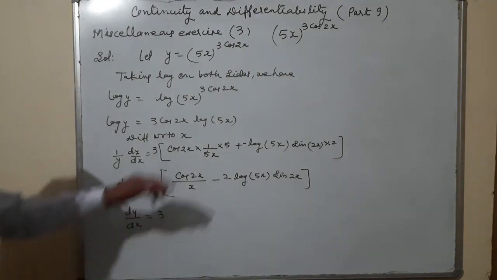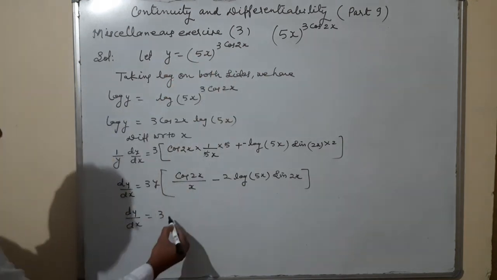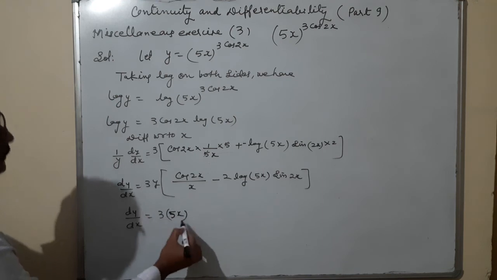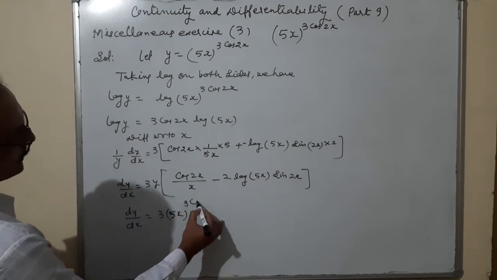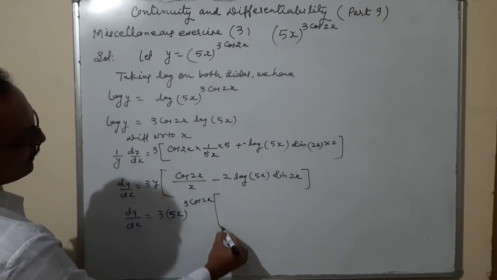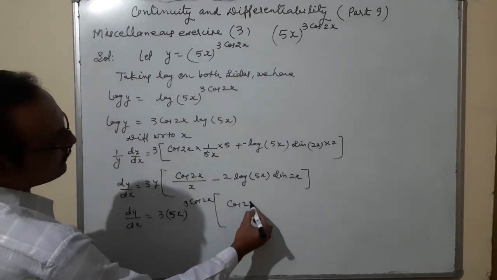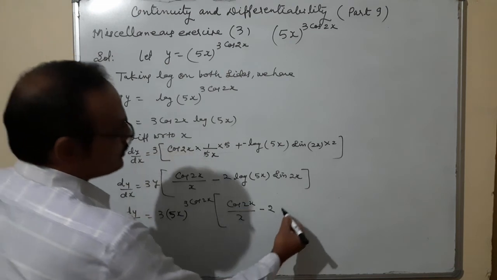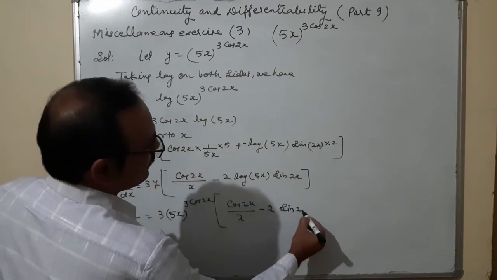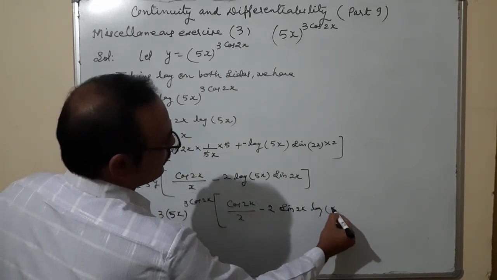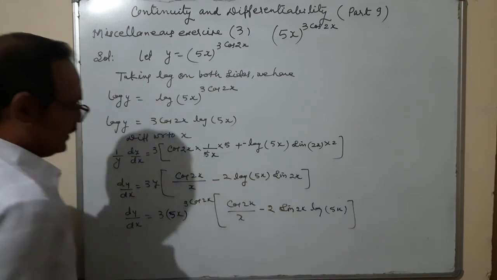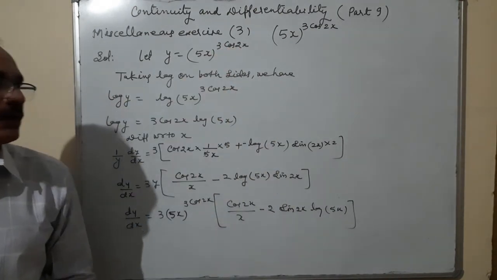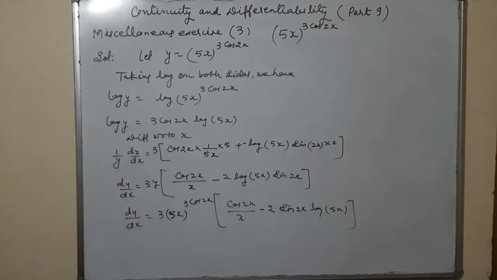What is the value of y? Y we have considered 5x to the power 3 cos 2x. It is cos 2x upon x minus 2 sin 2x log 5x. So that is the differentiation of this term 5x to the power 3 cos 2x.